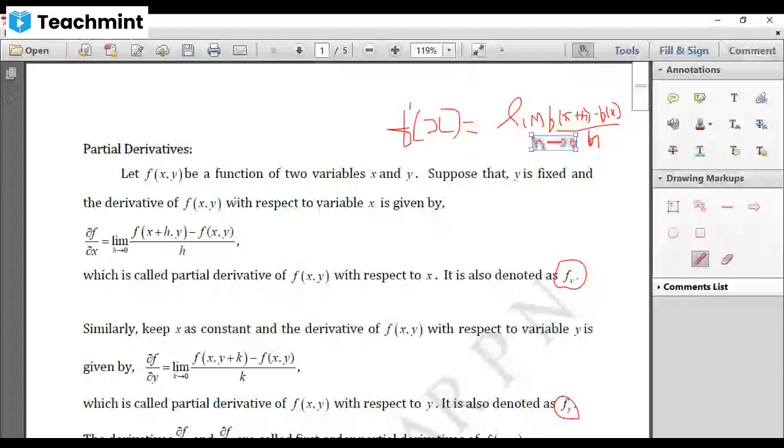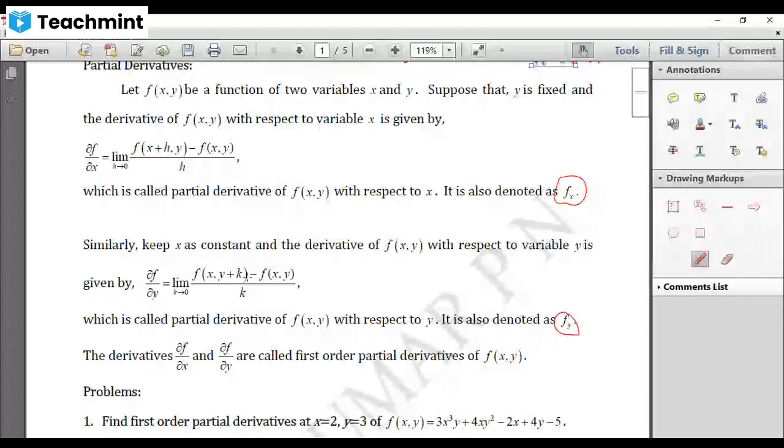The other two variables must be kept constant. While differentiating with respect to y, you keep x and z as constant, and while differentiating with respect to z, you keep x and y as constant. By treating the other variables as constant, you differentiate with respect to only one variable at a time. This is what partial derivative means.